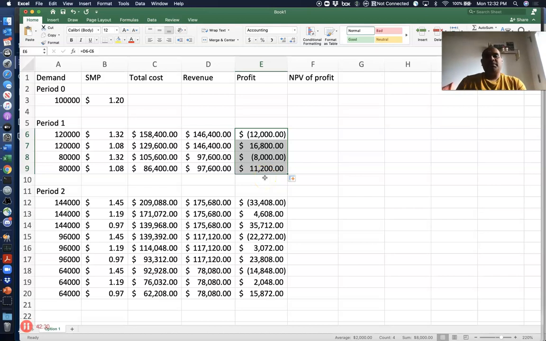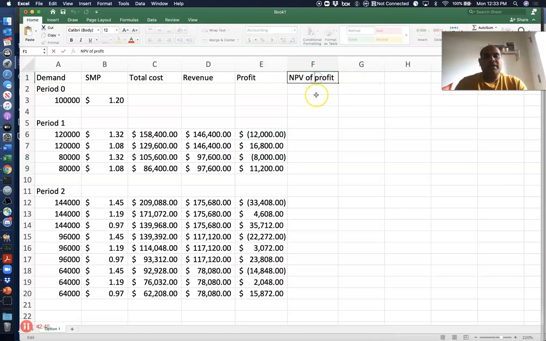Now, this is an important piece. When calculating the net present value of profit, what I'll do is split this up into two different columns. Let's just say net present value of profit.